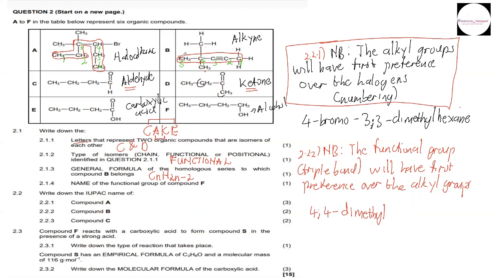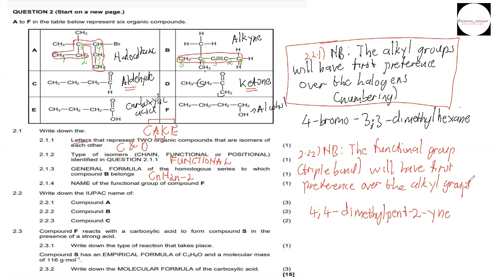Dimethyl, and then the longest chain is 5, so that's pent, but then that's a triple bond, in position number 2, so pent-2-yne, right? So 4,4-dimethylpent-2-yne. The pent is for 5 carbon atoms. That's how you were supposed to indicate that.